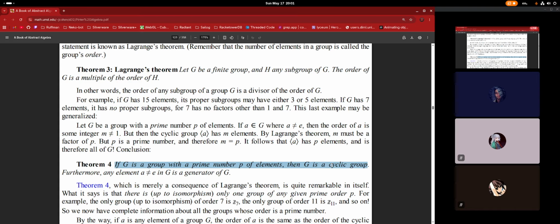You don't even know the function the group uses, and you can say for sure, because there are a prime number of elements, there is a cycle in there. Wild, man. Wild stuff. And furthermore, any element which is not the neutral element in G is a generator of G, which is also wild.